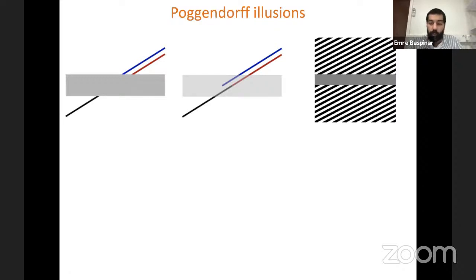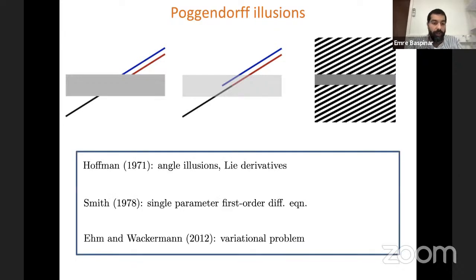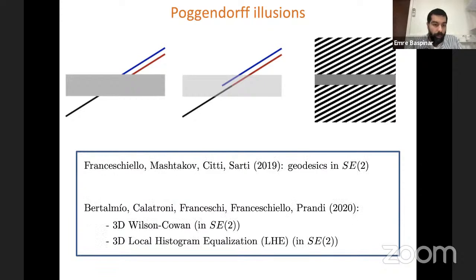Well, this problem was studied by Hoffman, Smith, and later on by Ahmed Wackerman from different points of view, and more recently, and more important to our case, by Franceschello, Mastakovcic, and Sarti. Those illusory patterns were proposed to be modeled as the geodesics in the Subriemannian geometry of SE2.